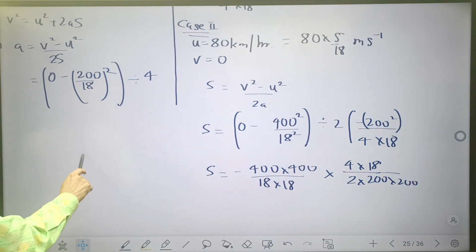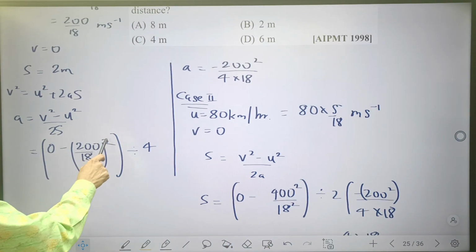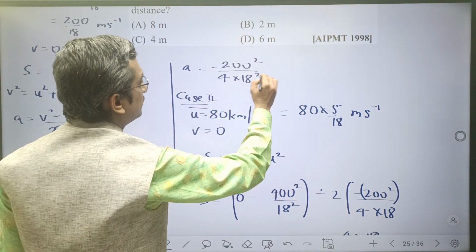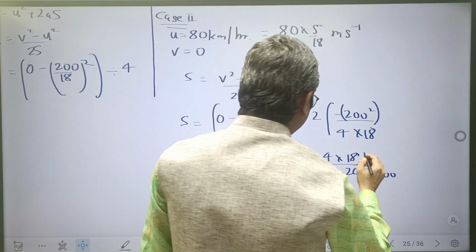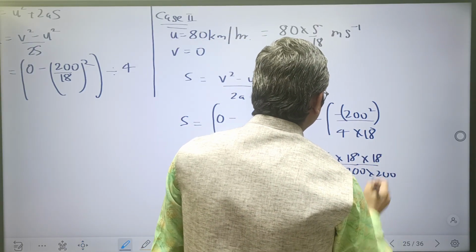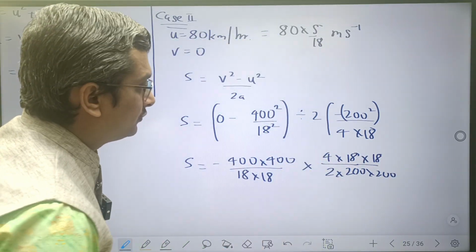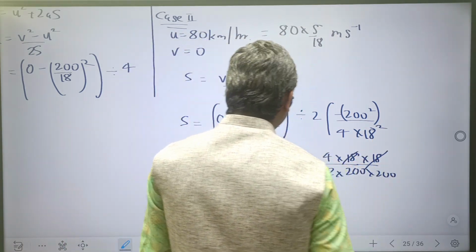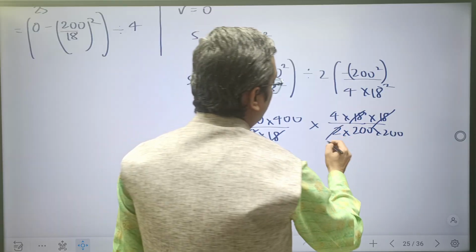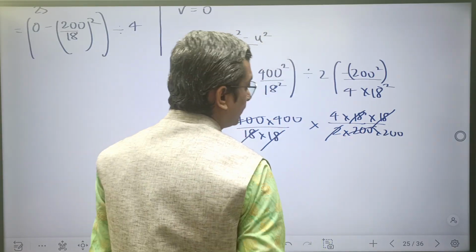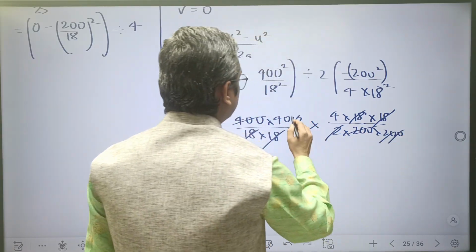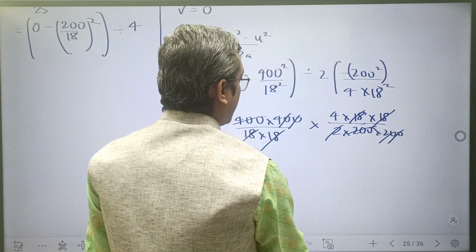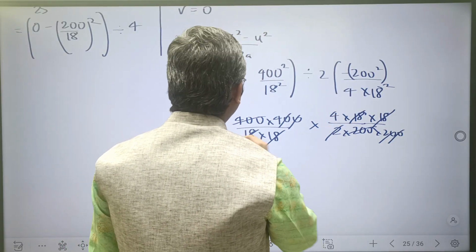So listen, this is 200 square by 18 square now, and the 18 square terms get cancelled. 2 into 200 is 400, which cancels. The zeros get cancelled, and s is equal to, minus minus becomes plus here.